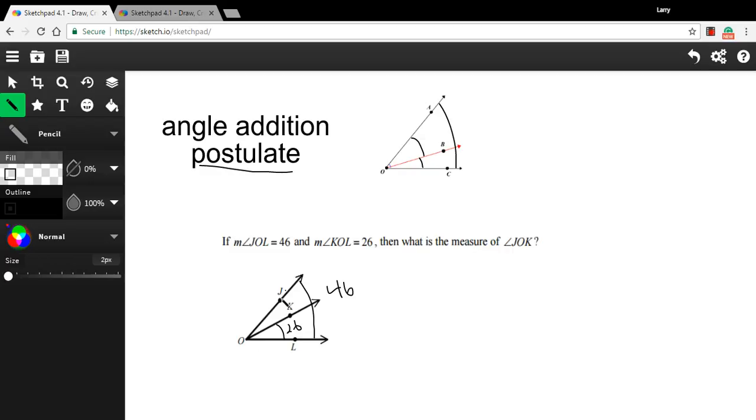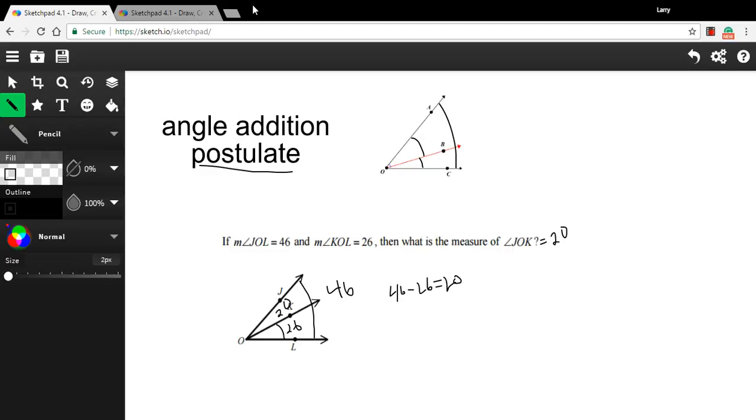And that's the smaller angle on the top. So all we have to do here, since the total is 46 and this part of it is 26, we're just going to subtract 46 minus 26, and that equals 20. So that's what this angle must be. So the measure of JOK is 20.